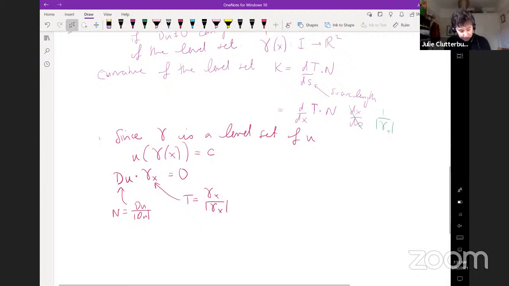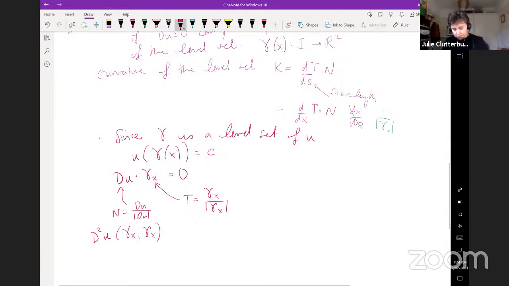And we can also take second derivatives here. So we get d2u, which I'm going to write as the Hessian, acting on gamma_x.